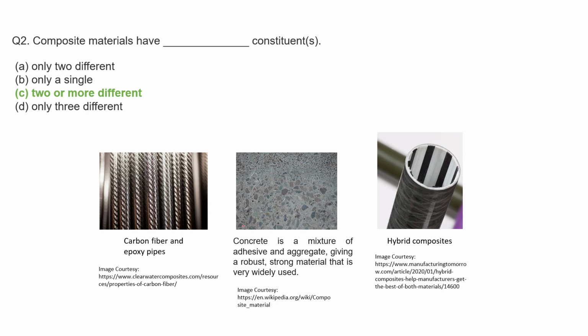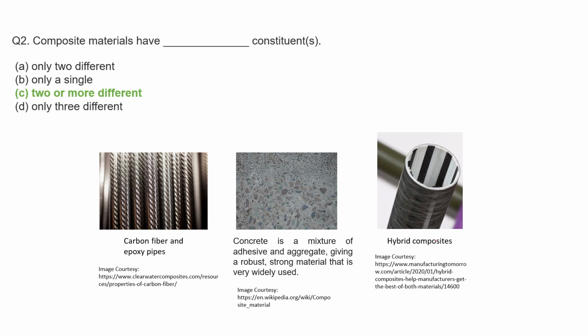Concrete is also a composite, and you can visibly differentiate its different parts: different colors, stones and gravels. So there are more than two. The cement is the matrix, and the reinforcements are not a single type but different types.